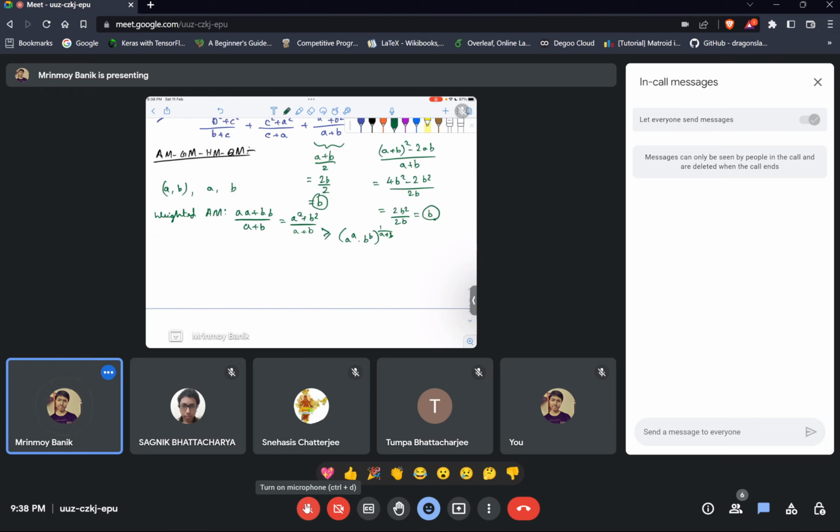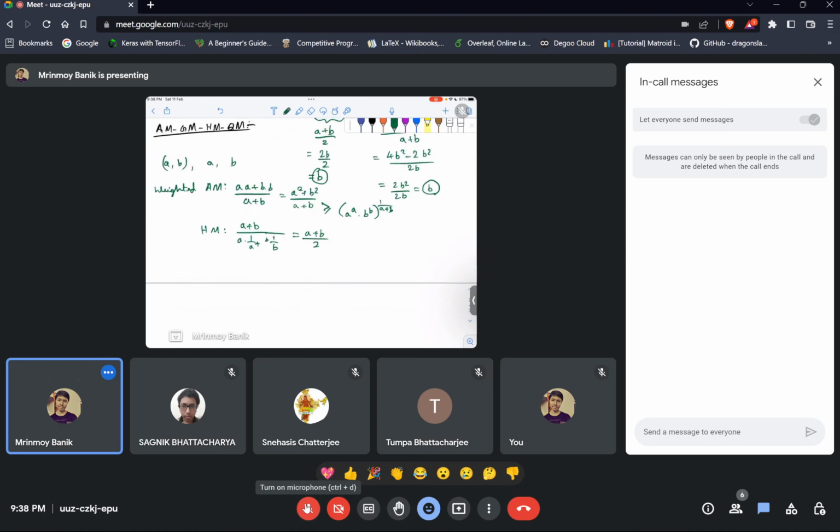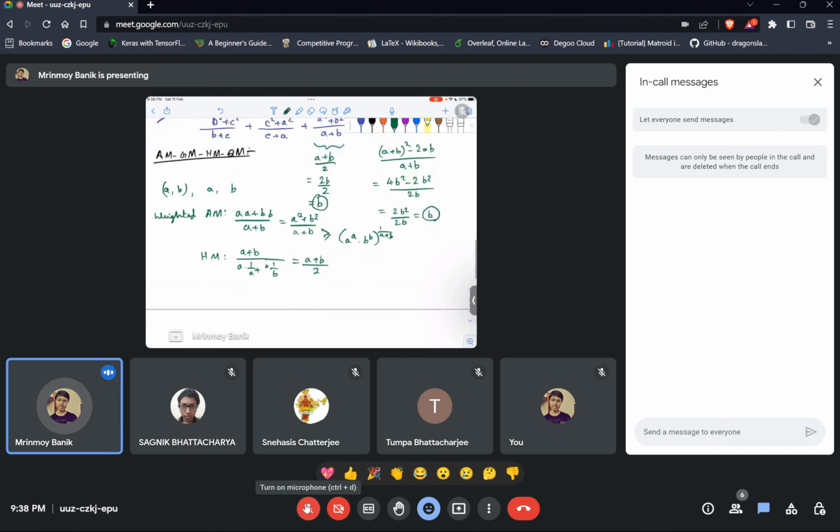So instead, if you use the harmonic mean, the weighted harmonic mean is (a plus b) by (a times 1 by a plus b times 1 by b). That's exactly what we're looking for, (a plus b) by 2. Yeah, so we have to use the AM-HM inequality.